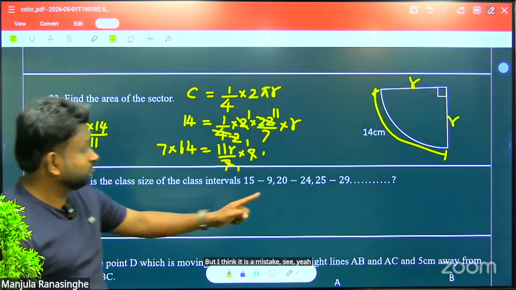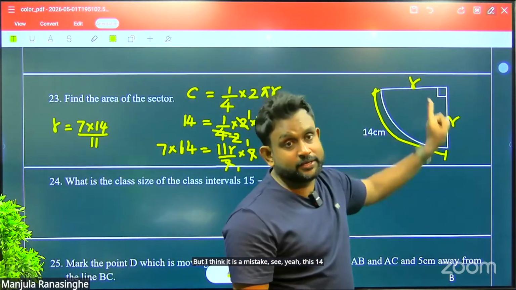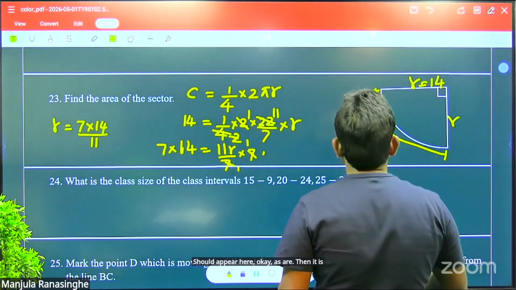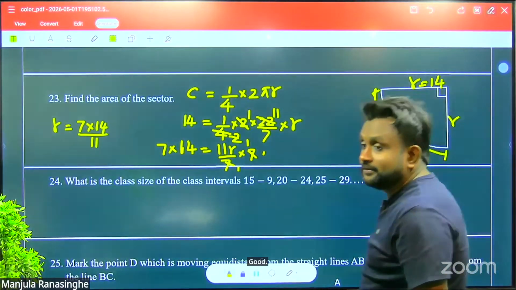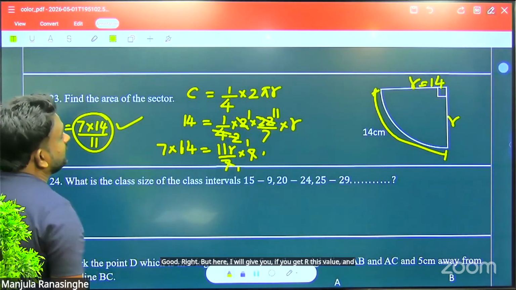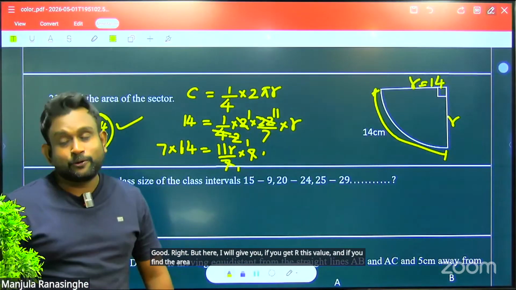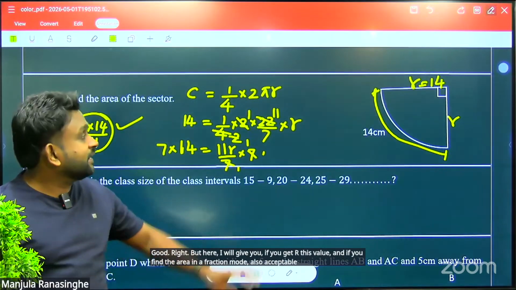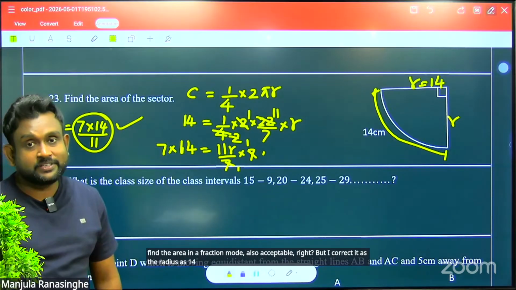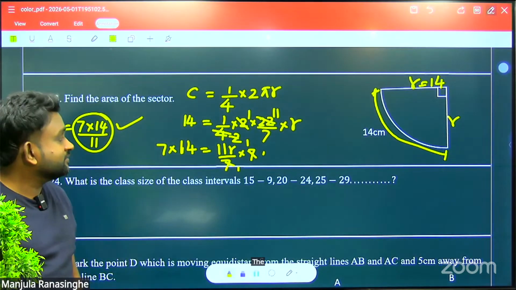This 14 should appear as R. Then it is good, right? But if you get R with this value and find the area in fraction form, it is also acceptable. But I correct it and take the radius as 14, because then the working is easy.